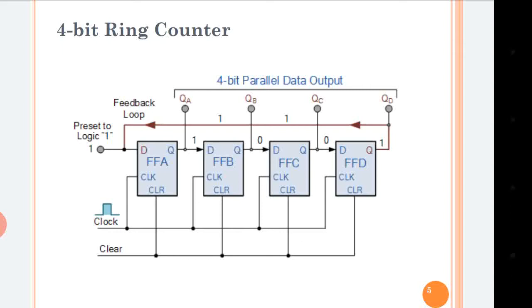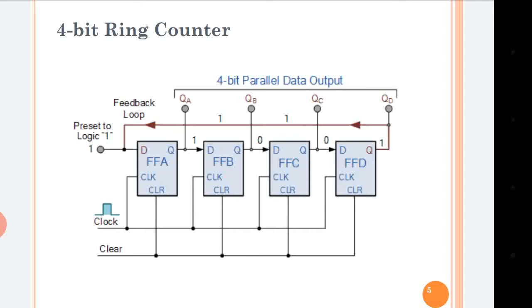You will observe the diagram. Flip-flops A, B, C and D are the 4 flip-flops which are used. The output Q of the last flip-flop is connected to the first input, that is the D input of flip-flop A, as shown. QA, QB, QC and QD are the 4 outputs which are taken outside for connecting the LEDs.